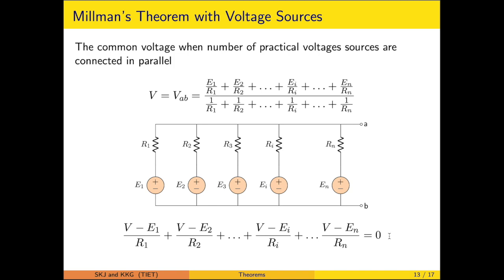When you rearrange this term, the expression results likewise. Now you can simply say that E1 upon R1 represents the injected current into the bus. E2 upon R2, or similarly Ei upon Ri, will be the injected current into the bus.